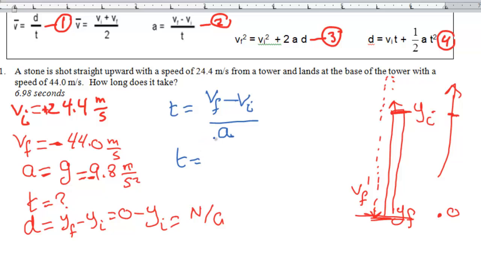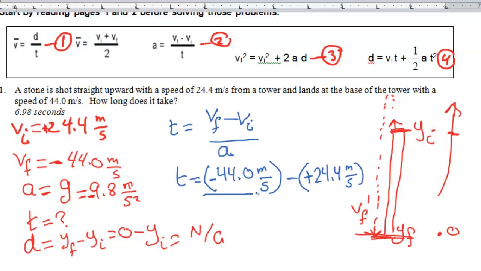So t will be equal to v final, which is given to be negative 44 meters per second, so negative 44, minus v initial, and v initial is what? V initial is positive 24.4, and always include the units, because the same way we are calculating numbers, we also calculate units. And this is all over the acceleration, which is negative 9.8 meters per second squared.